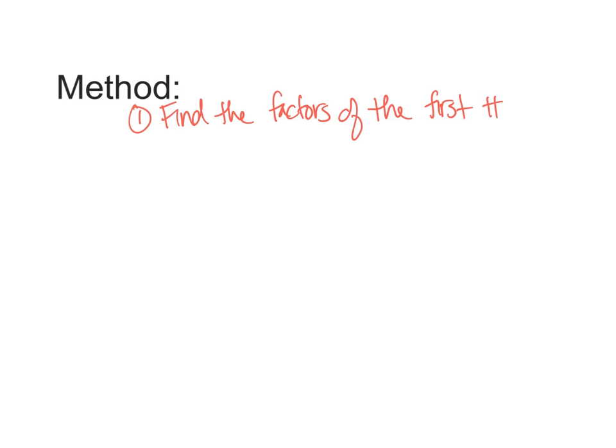So here's our method. First step. Find the factors of the first number, and we are going to call that a. Remember, ax squared plus bx plus c.